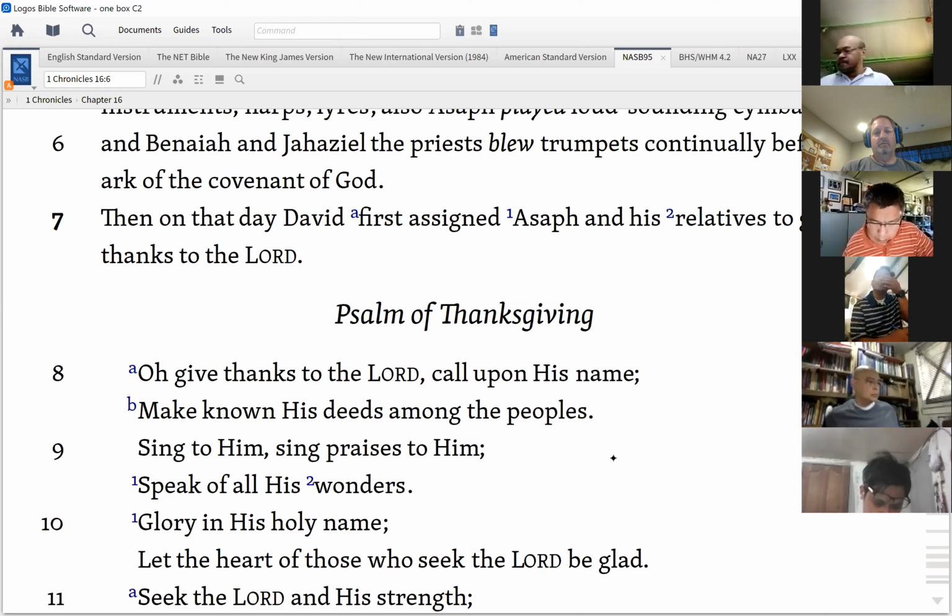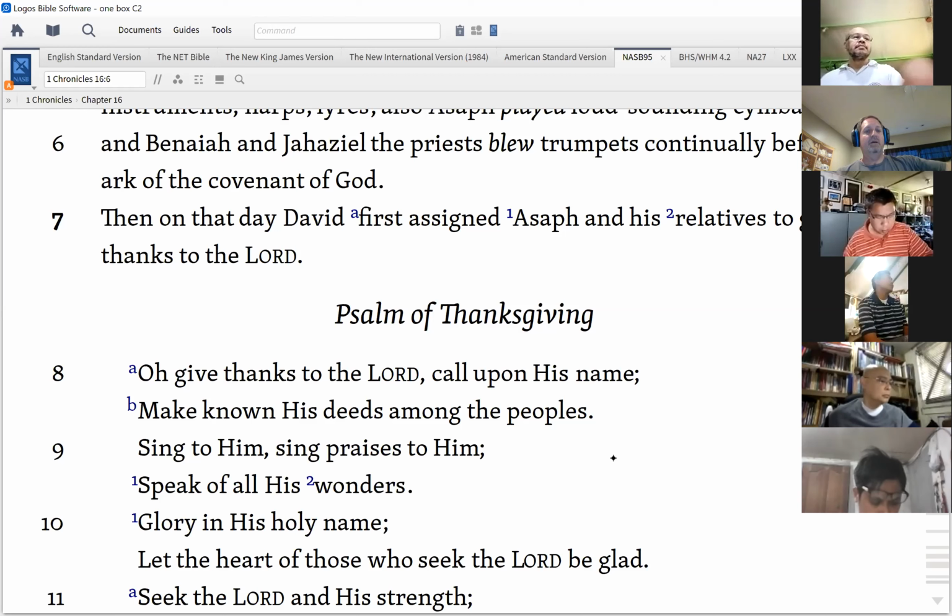But you know, I can see why Asaph is a possibility as far as the one authoring this. But here I think verse 7 seems to indicate he just assigns Asaph a responsibility to give thanks, and then gives him the song basically to do that with. That's how I take it anyway.